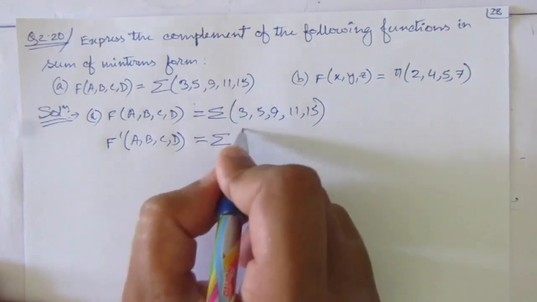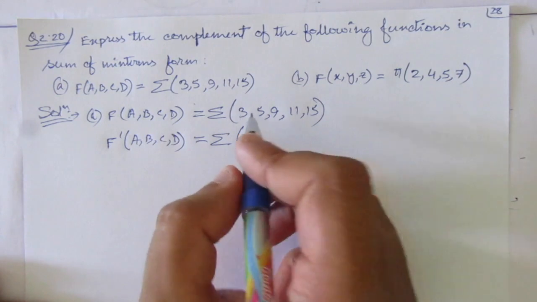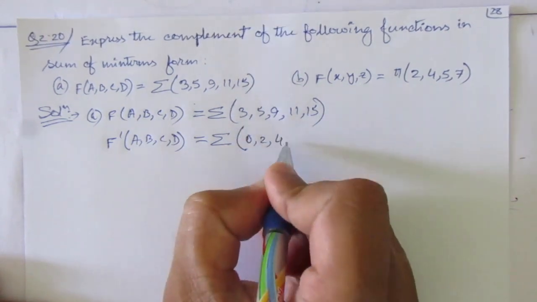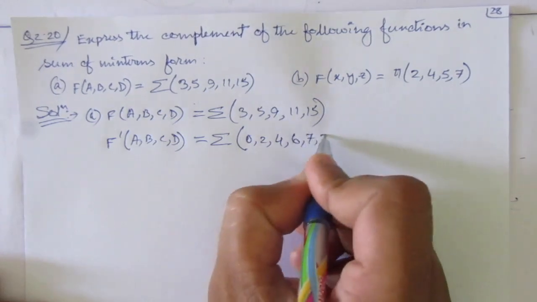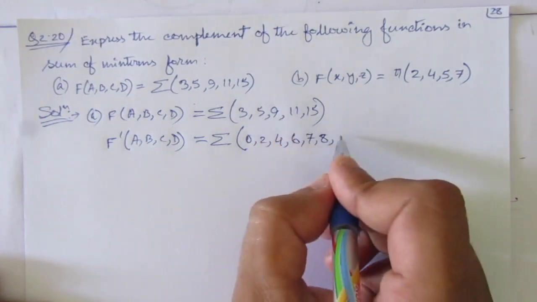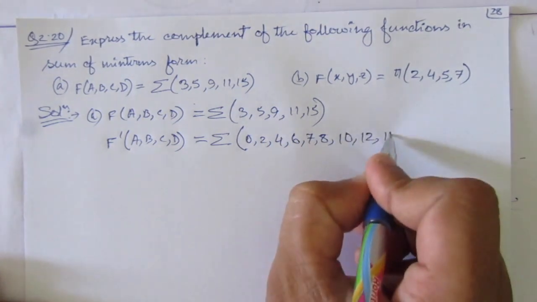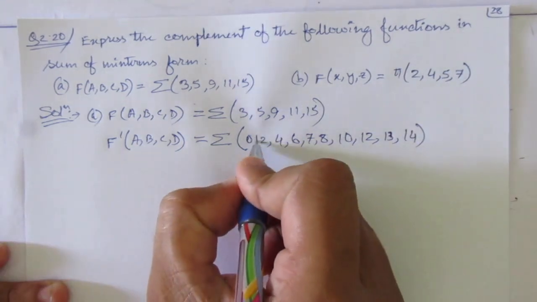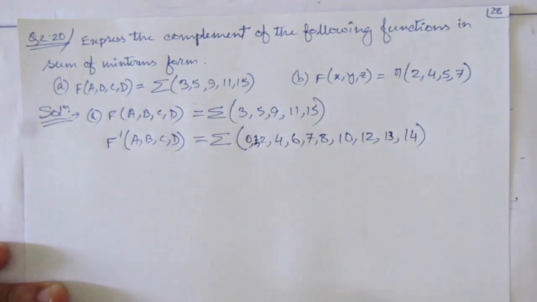So directly we can find the complement function in sum of minterms expression: 0, 1, 2, 4, 6, 7, 8, 10, 12, 13 and 14.